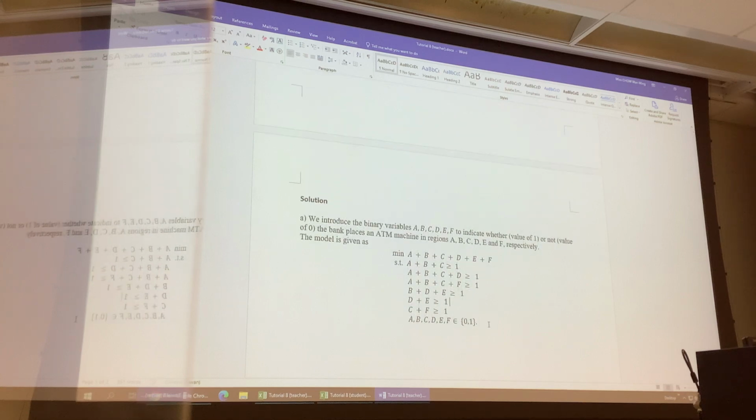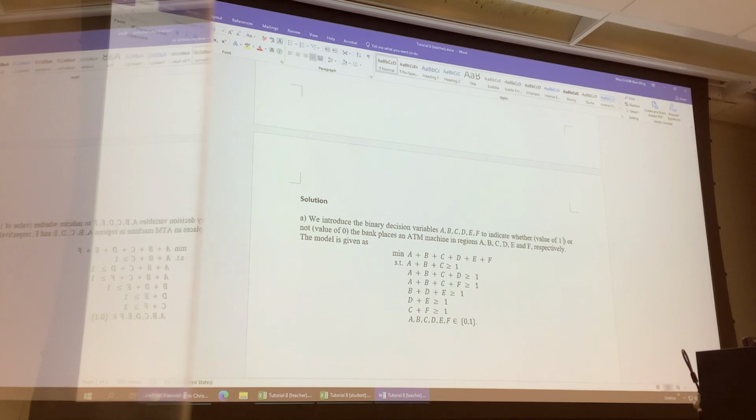Let's focus on part A first. We introduce the binary variables A, B, C, D, E, F. So these are the decision variables, right? We have 6 decision variables in total, to indicate whether, with a value of 1 or a value of 0, the bank places an ATM machine in region A, B, C, D, E, F respectively.